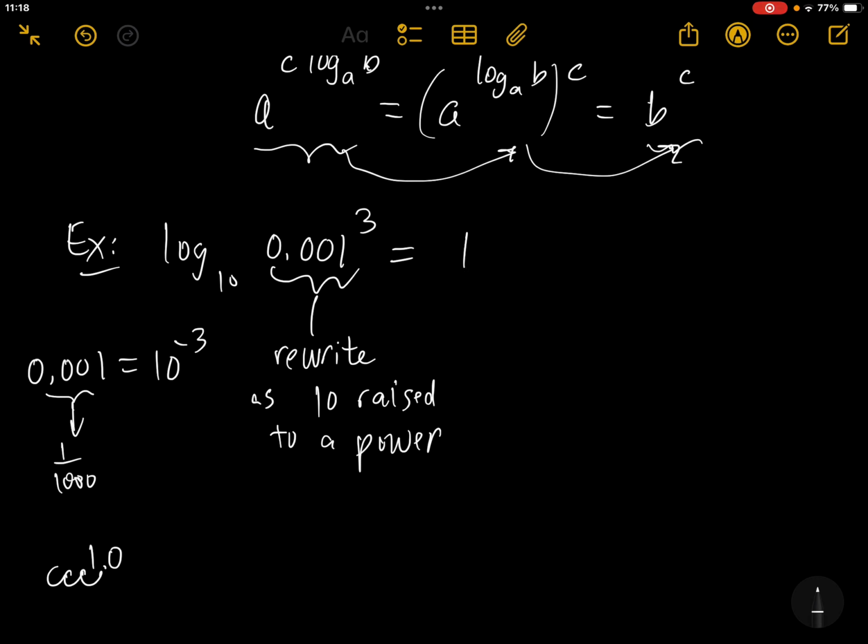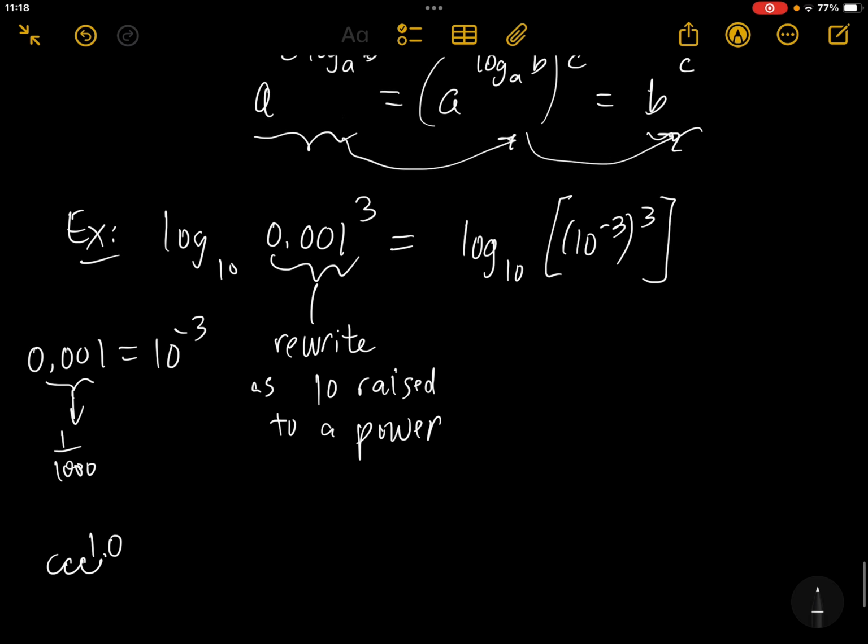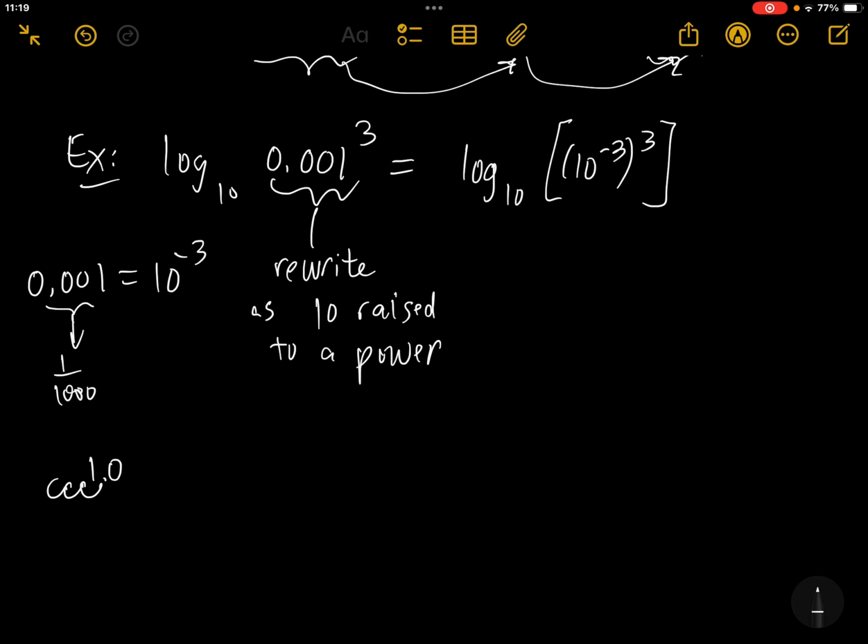So I really have log sub 10 of 10 to negative 3 cubed. So 10 to negative 3 cubed is 10 raised to what power? Negative 9, right? You multiply the exponents, not add them.